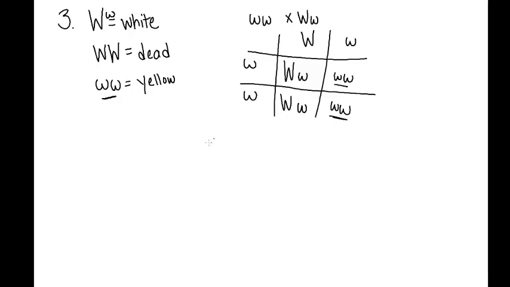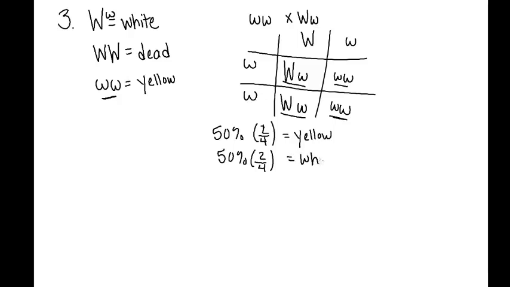We have 2 copies of that, so there's a 50% chance, or 2 out of 4, that it will be a yellow canary. And white, we have 2 individuals here that could be white, so again that's a 50% chance, or 2 out of 4, that any offspring produced by these 2 individuals will be white.